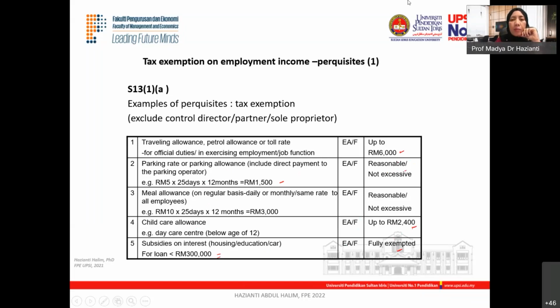For example, you work in a bank, you boleh ambil staff loan, dikira sebagai staff bank, so you can make a loan with the bank, and the staff rate is actually lower than the customer rate. Why? Because you dapat subsidy. And if the loan is less than 300,000, you buat loan kereta dengan bank tu, kereta harga 100,000, the interest is fully exempted.